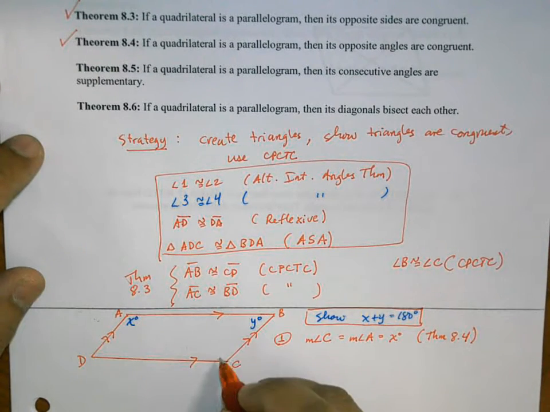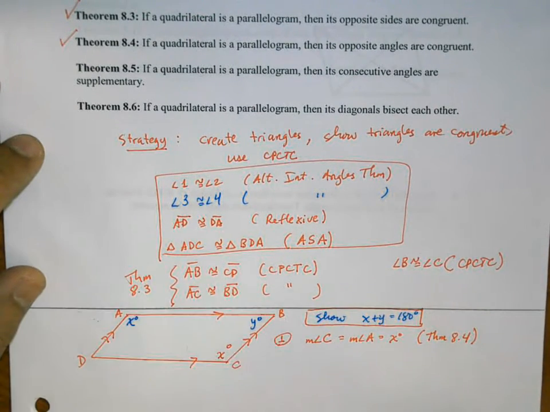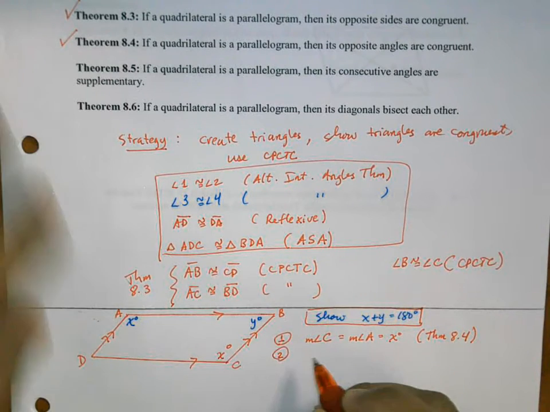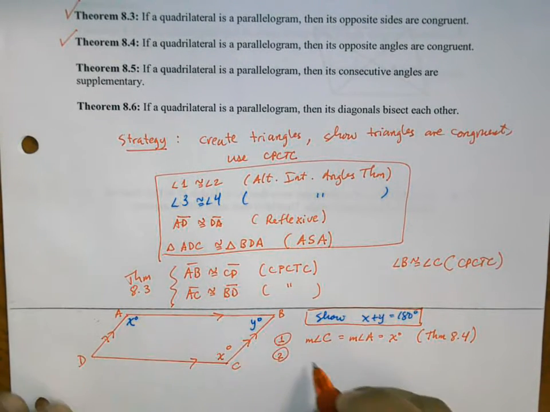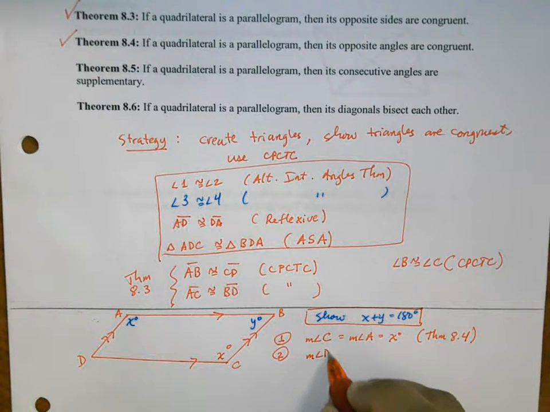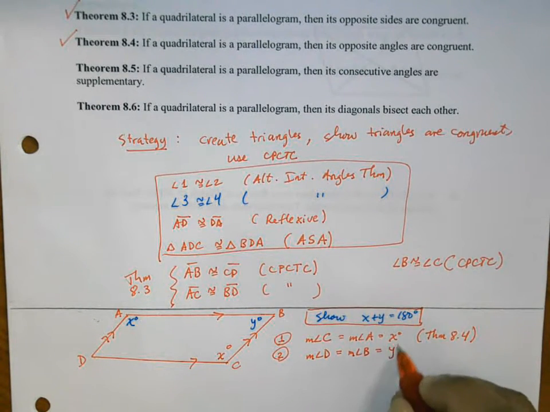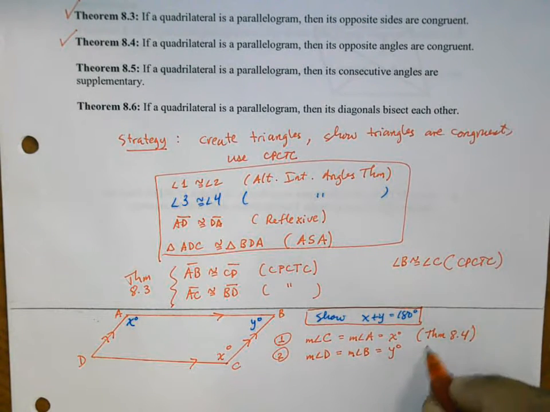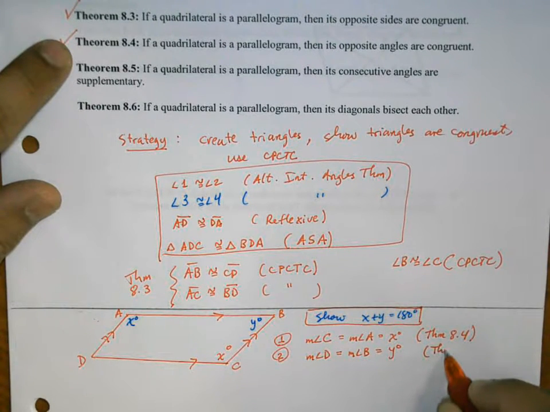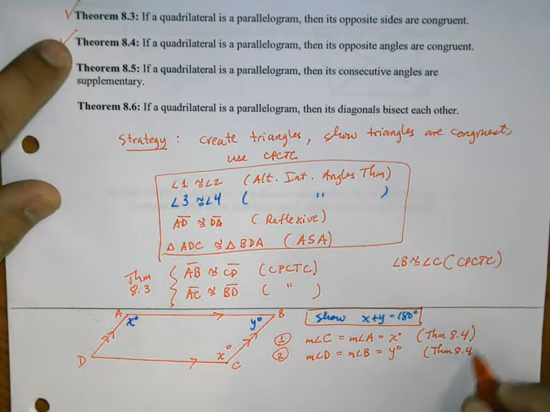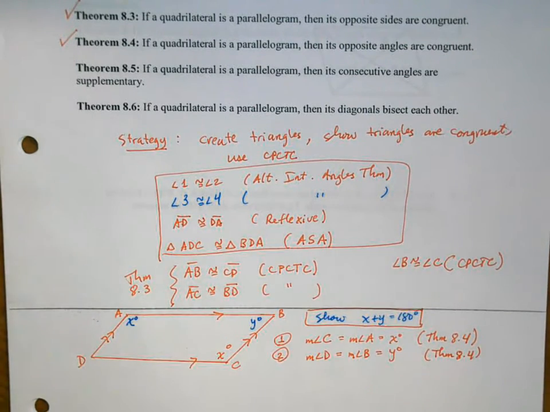So C is X degrees. And D and B must also be the same for the exact same reason, theorem 8.4. In this case, they happen to be Y degrees.